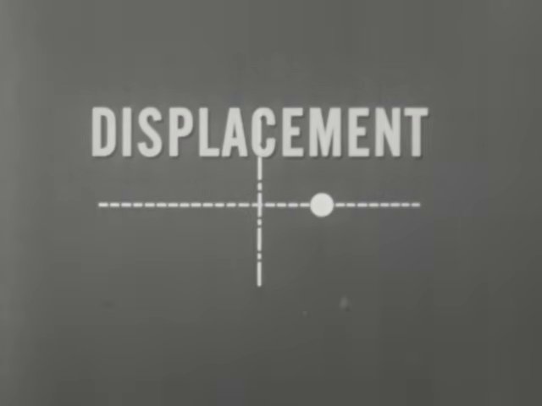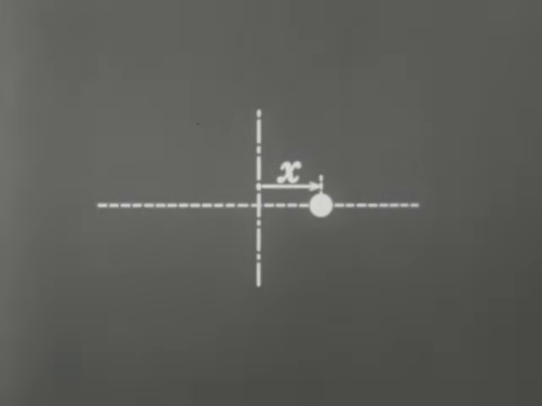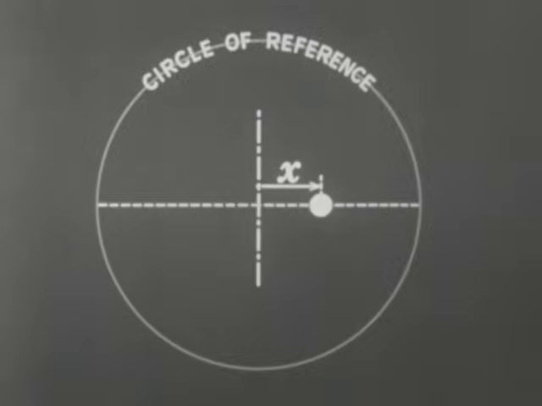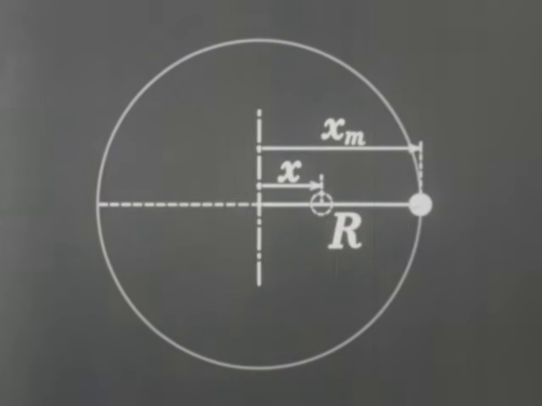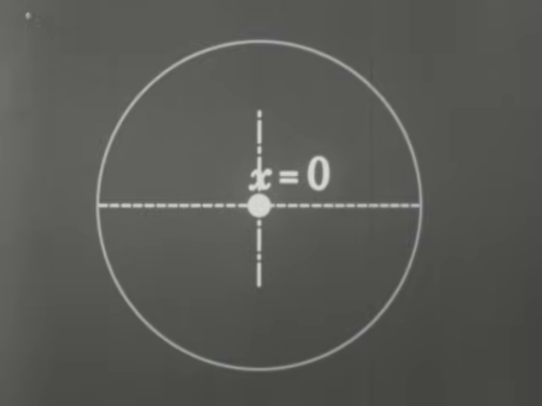In order to see how the value of x, the instantaneous displacement, varies with the time, we may use the circle of reference. The maximum displacement, x sub m, is equal to the radius of the circle. The smallest value of x is 0. The magnitude of x in general varies with the time.